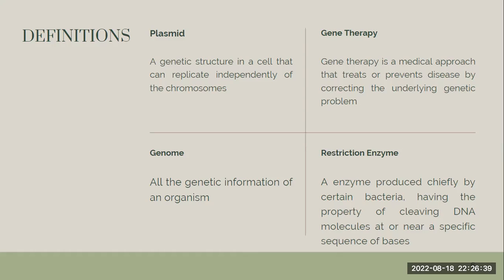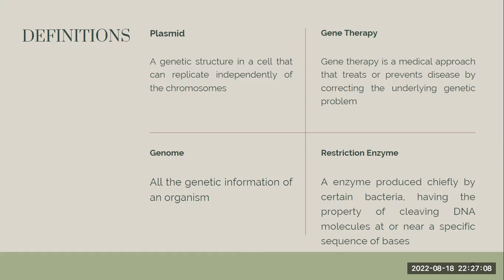The change that is happening in recombinant DNA technology is a change that is affecting the genome, which is where all the genetic information for an organism is stored, right? So as seen in the video, the first thing we're going to do is use restriction enzymes, which are enzymes produced by bacteria that are able to cleave DNA molecules.